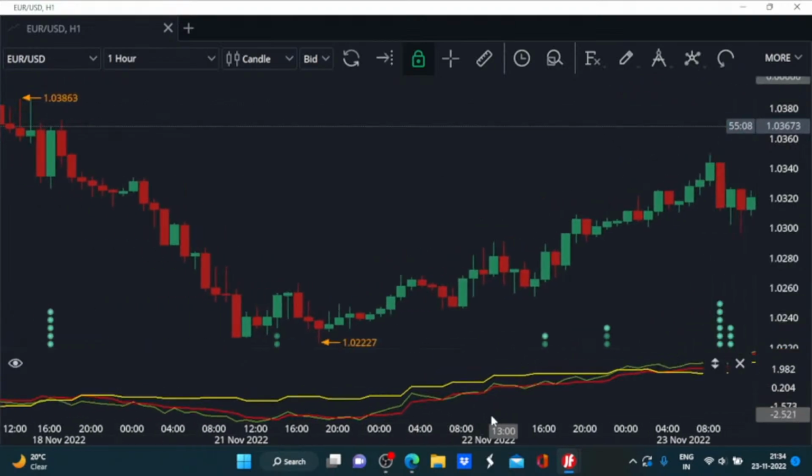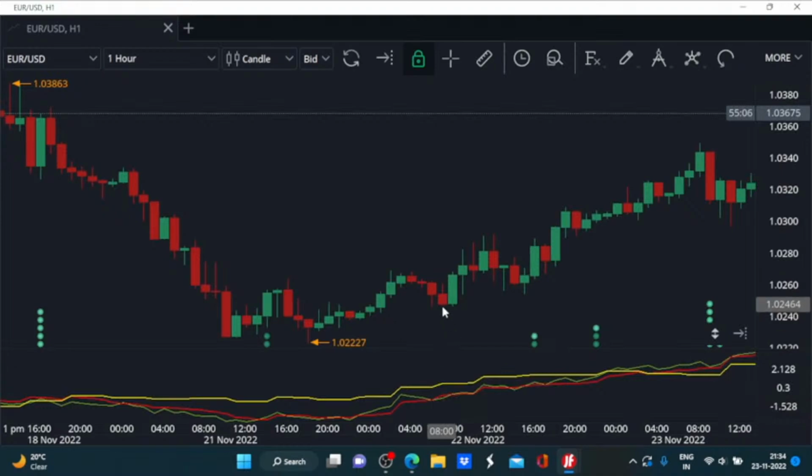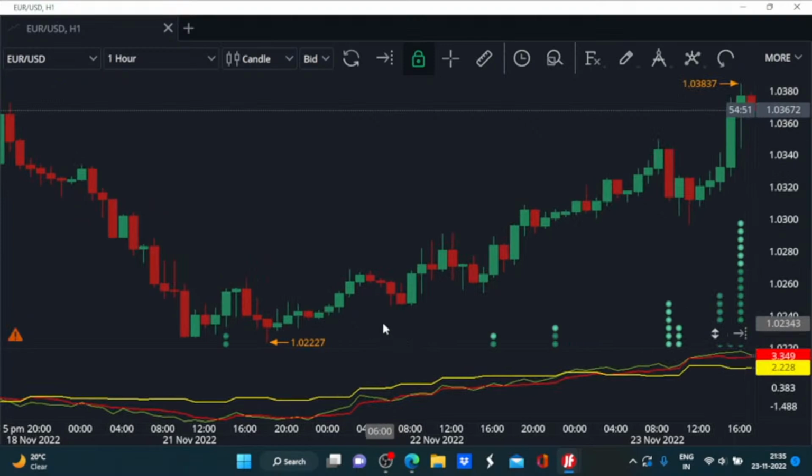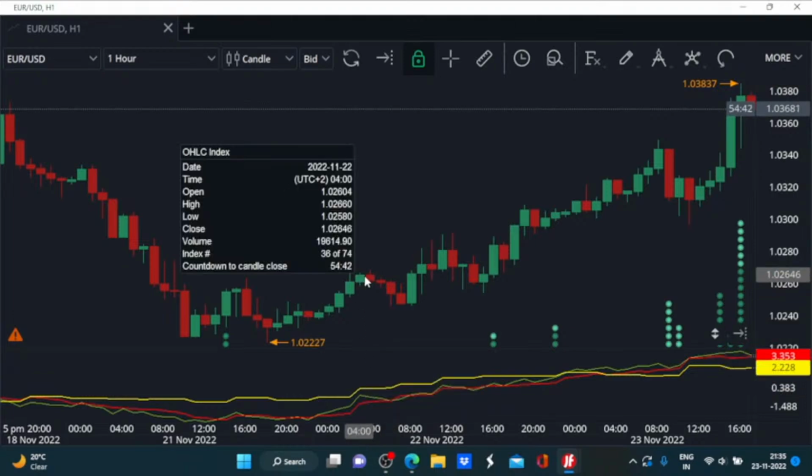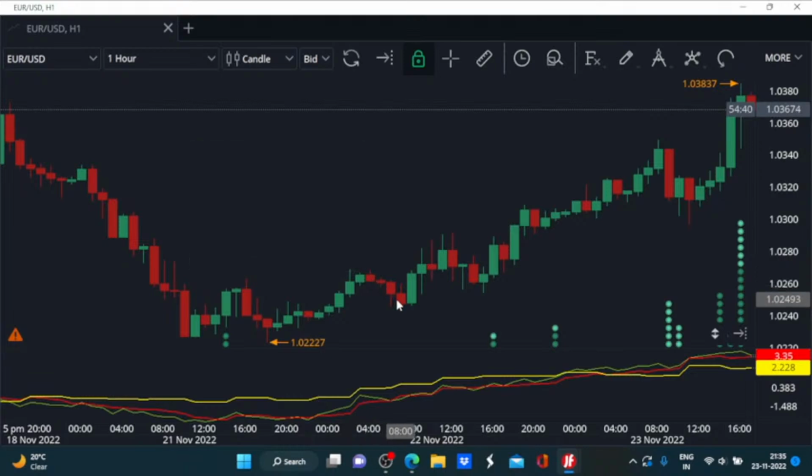But sometimes the volatility in the lower time frame dropped, then it picked up again.